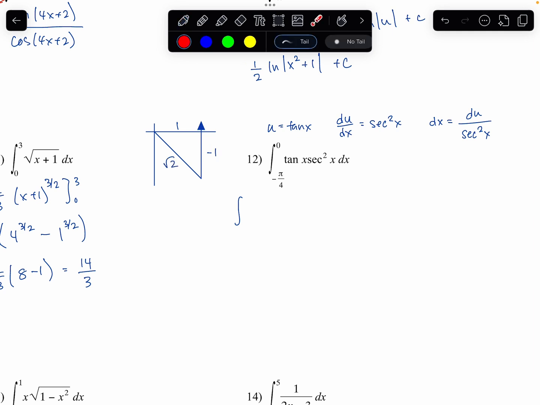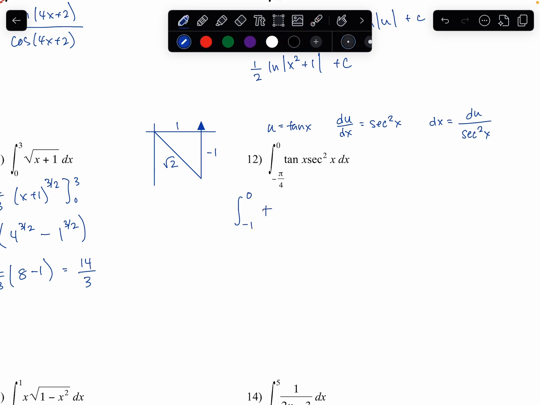So tangent is opposite over adjacent. So I'm plugging in negative pi fourths, and tangent of negative pi fourths would be -1. And then if I plug in 0, tangent of 0 is 0. So -1 to 0. Now these are in terms of u, not x.